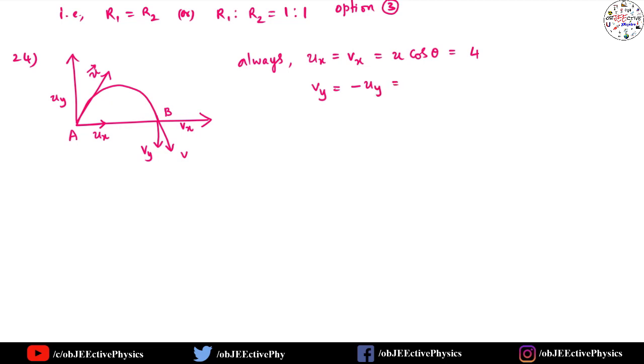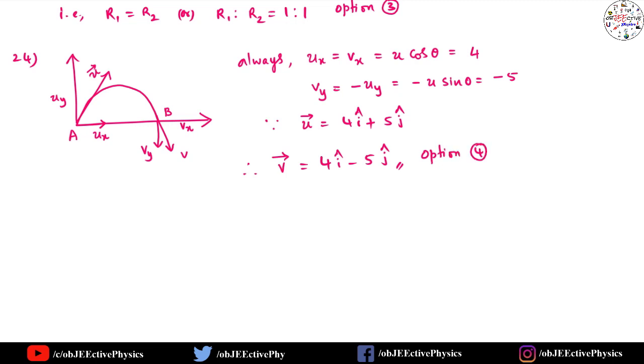Vy is equal to minus uy, that is minus u sin theta, or it is minus 5 because u bar is given 4 i cap plus 5 j cap, where 4 is ux or u cos theta is equal to 4 and u sin theta is equal to 5. Therefore, V bar is equal to 4 i cap minus 5 j cap is the answer.